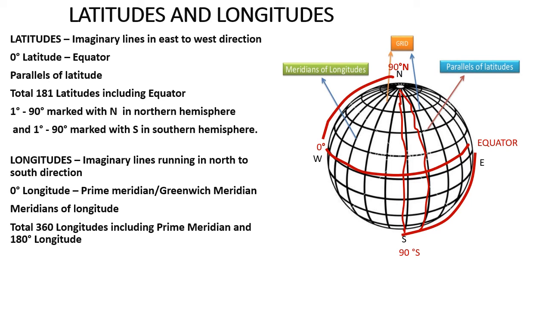0° and 180° longitude together make a circle and divide the earth into two halves longitudinally, into eastern hemisphere and western hemisphere.